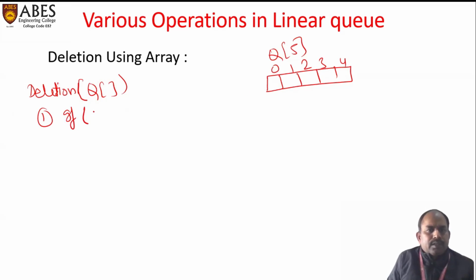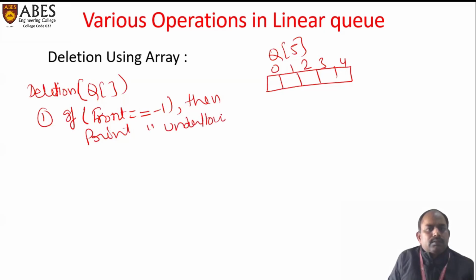So here we'll write: if front is equal to -1, then this condition is called underflow condition. Then print underflow and exit. So this is the underflow case.